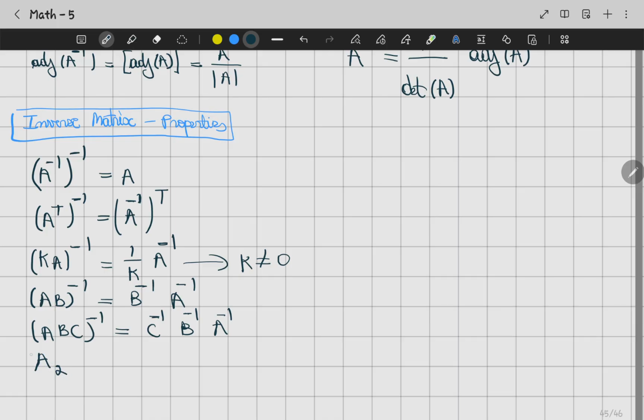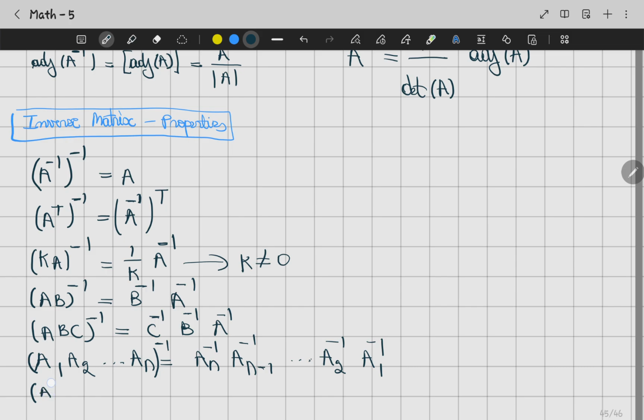Let's say, for example, we had A1 times A2 and so on up to An, and the answer to that will be An inverse all the way down to A1 inverse. So this is what we'll get.